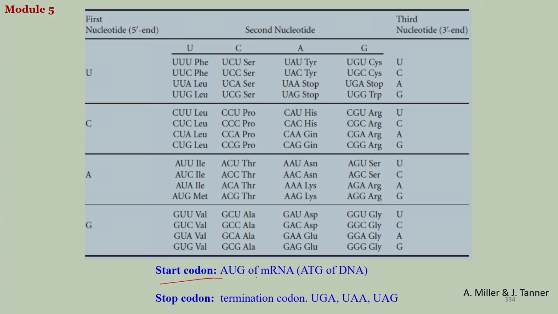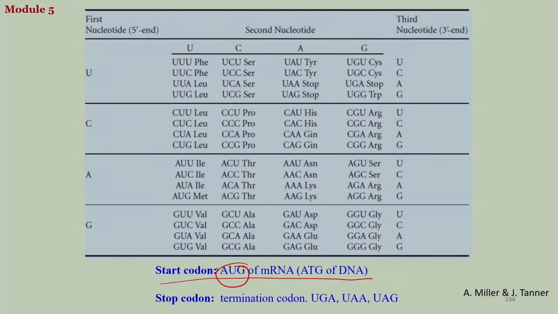Now, there are a few things that we have to remember, it is very, very important. Of course, I have talked about it. When you start synthesizing your protein, at the stage of initiation, we have seen when the first amino acid is connected to the tRNA, that is always a methionine, and the codon is AUG, codon of the mRNA.